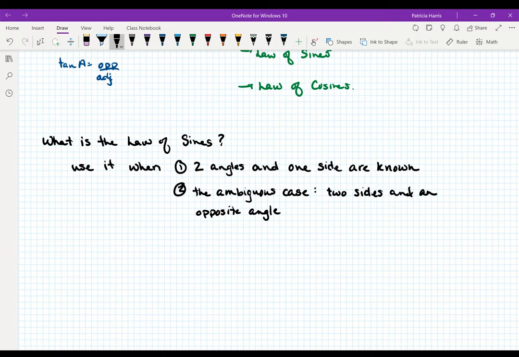Okay? So that is abbreviated like this. Okay? So we'll handle that separately, but let's do the first case where we know two angles and one side.